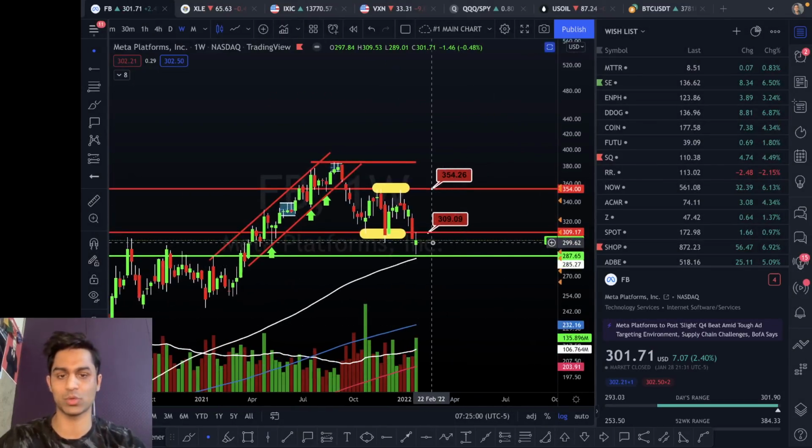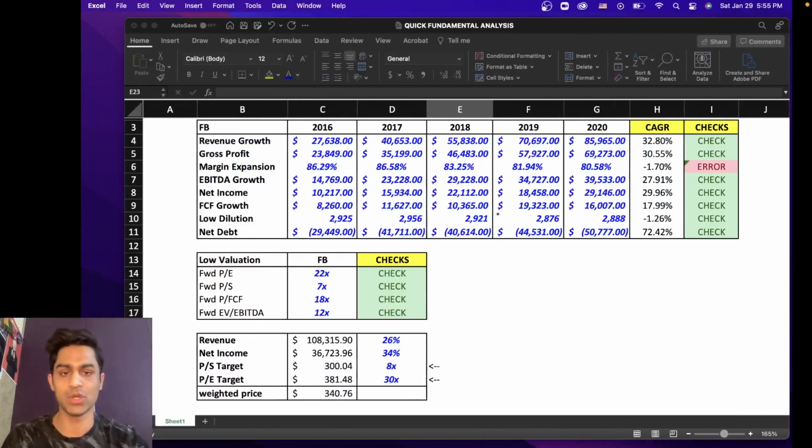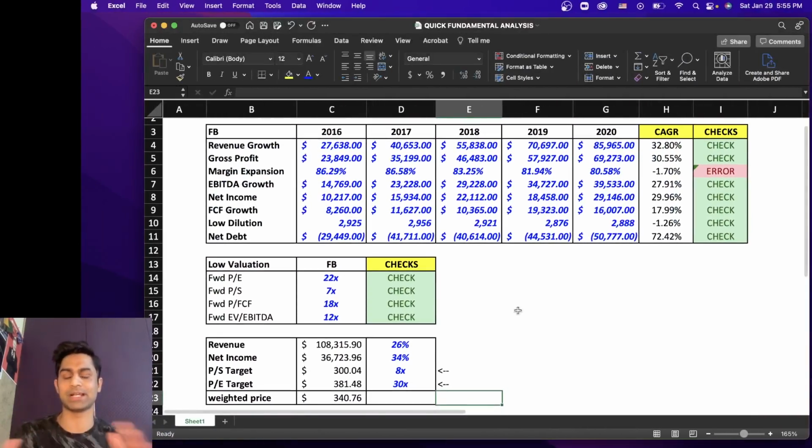So for the next 12 months, $340 means that we've got about a 15% upside for Facebook moving forward. And of course, I've done an analysis 5 years out as well for the company, and 15 to 20% compounded annually is going to double the share price over the next 5 years.